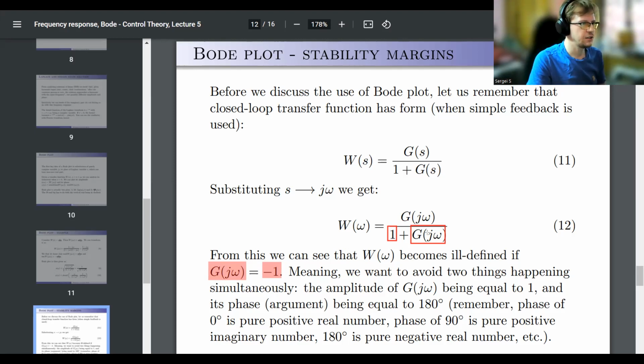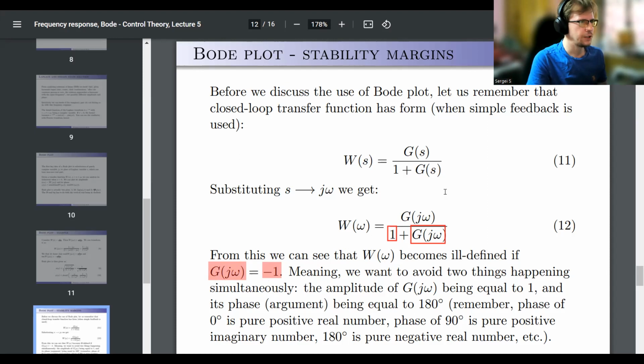In fact, we have analysis tools outside of control theory which specifically deal with this kind of behavior, trying to understand when the system will resonate, at which frequency it resonates, and so on. All right. So what we want to avoid is making this part -1. Otherwise, the transfer function seems to approach infinity, and this is not something we want to see.